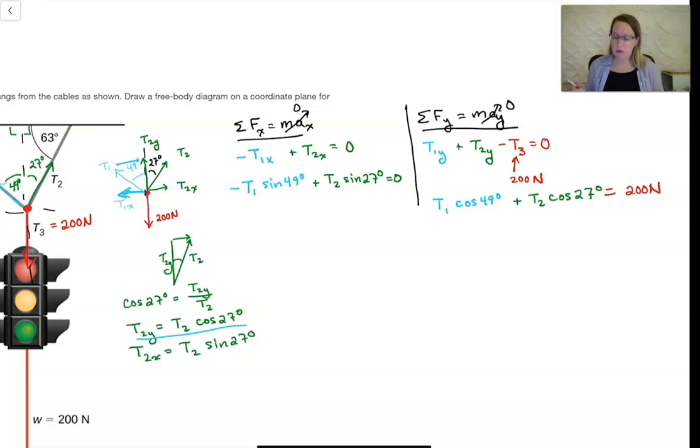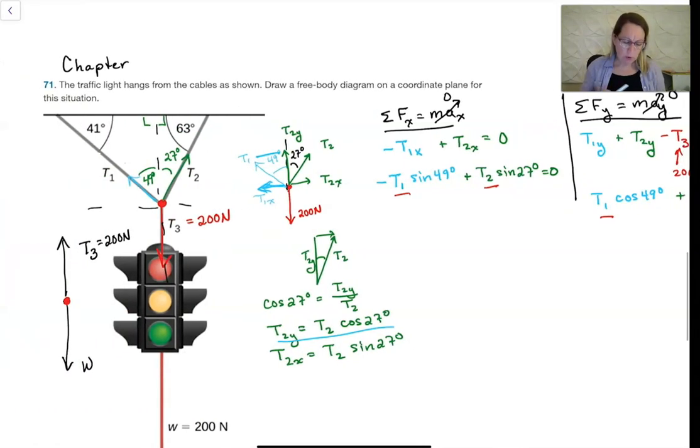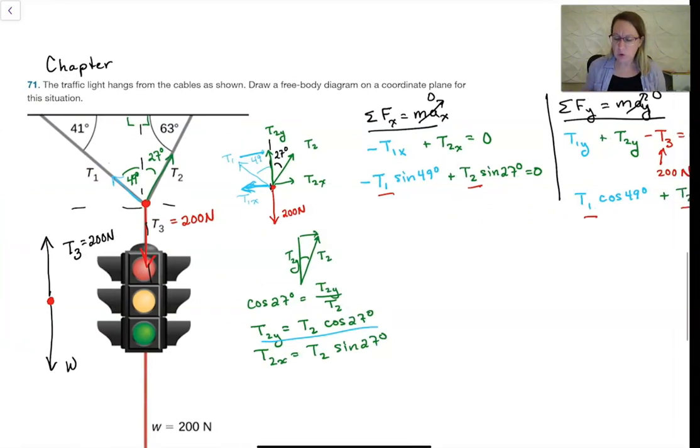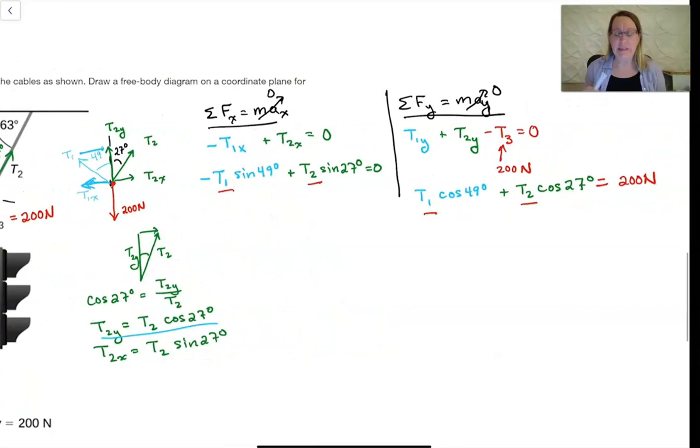So I have two unknowns, T1 and T2, but I have two equations. For the book problem, we're really sort of done once we drew the diagrams, but I wanted to show you how we could find more information, because this problem could easily be extended in this way. At this point, we're just doing some algebra.